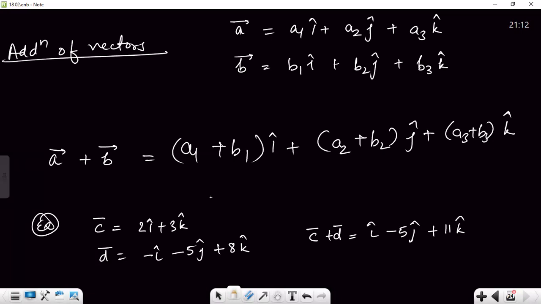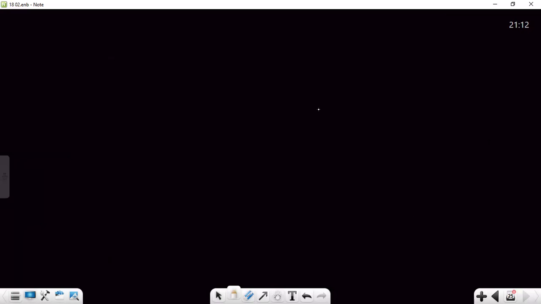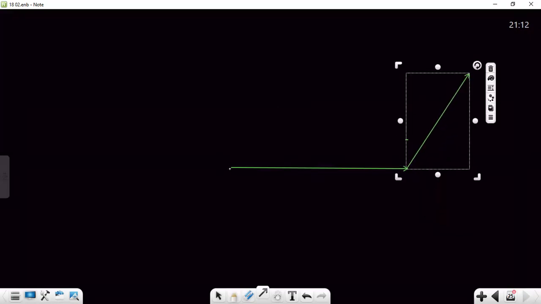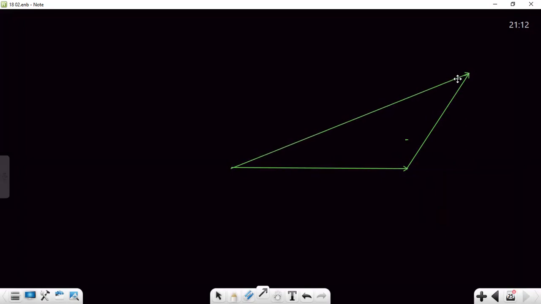No, sir. Okay. So this is how we find the addition of vectors. But what if someone asks about the magnitude of the resultant vector? There's a vector like this, there's another vector B, and then there is its addition vector.